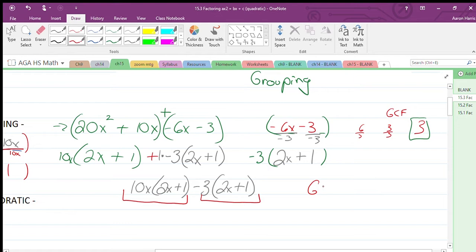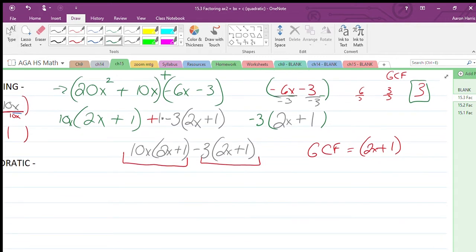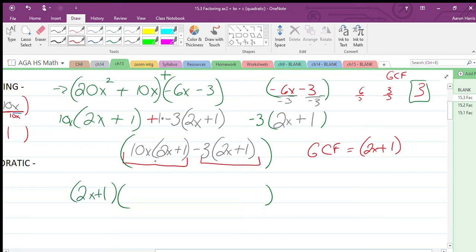Yes. So I know greatest common factor. Get it? Greatest common. It's common in both. So the common factor is what? 2x plus 1. So what can I do with that? You got it. Put this in parentheses. Bring down your parentheses. Put what outside of it to the left? Your GCF, 2x plus 1. Now what do I do? Divide each term by the what? GCF.